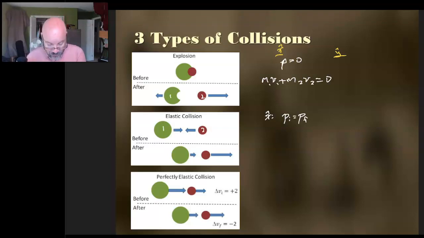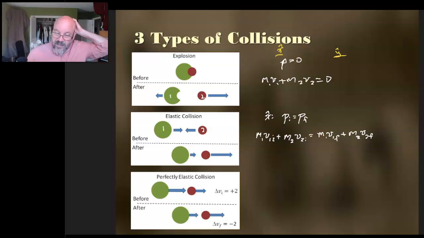So M1 V1 initial plus M2 V2 initial has to be equal to M1 V1 final plus M2 V2 final. That's going to be true both in the elastic sense and in the perfectly elastic collision below.